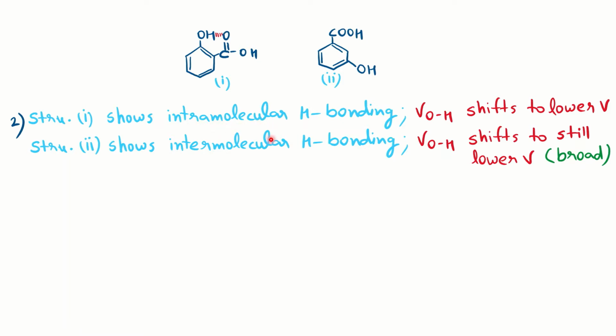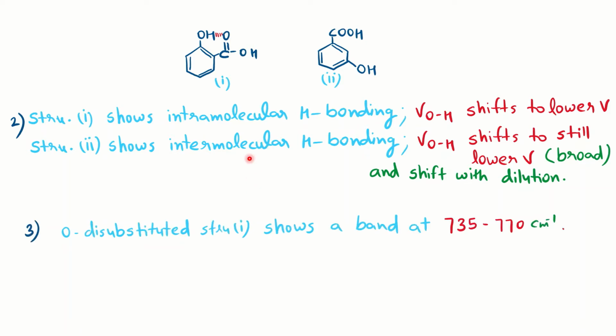So basically, if you increase the dilution, the OH hydrogen bonding in the case of the second structure is going to be less, and chances of a free OH peak will be more. While for intramolecular, on dilution there is no change and no effect on the frequency of OH. It will remain the same. So therefore we say that intermolecular shifts with dilution while intramolecular does not.